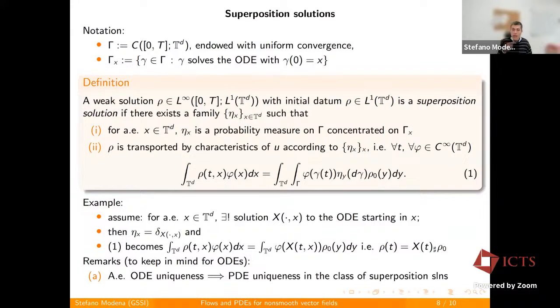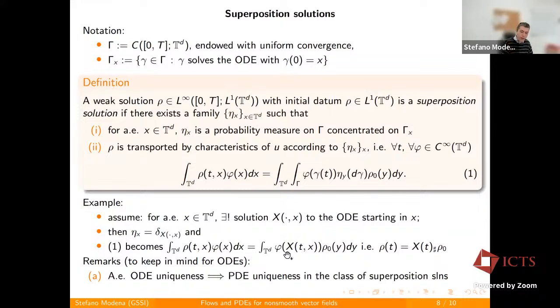And conversely, if you have a vector field and you can show that you have non-uniqueness in the class of superposition solutions, then this implies, by the converse implication, non-uniqueness of solutions for the ODE on a set of positive measure. And this will turn out to be important in the last slide, number 10.